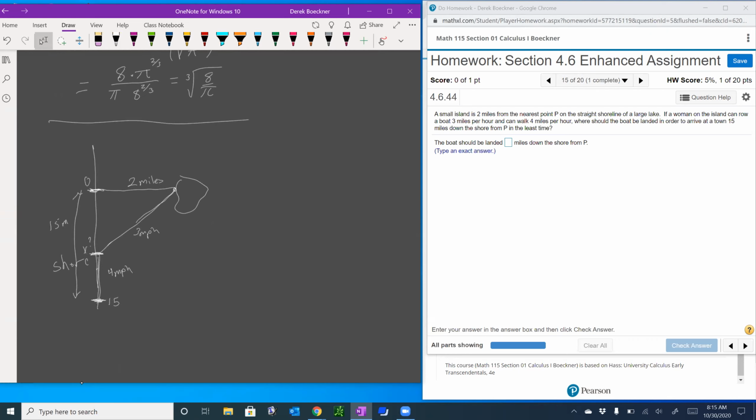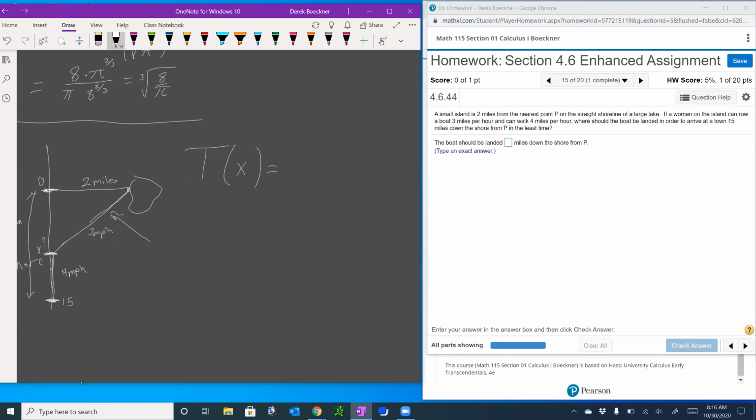And so the time function dependent on x is going to be, let's label a few more things. Let's label this rowing, and let's label this walking.